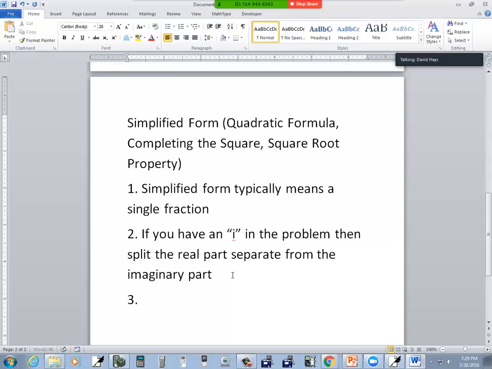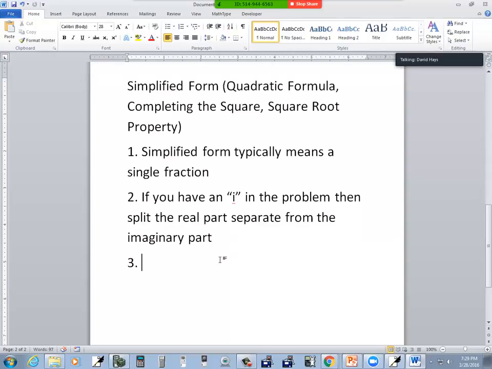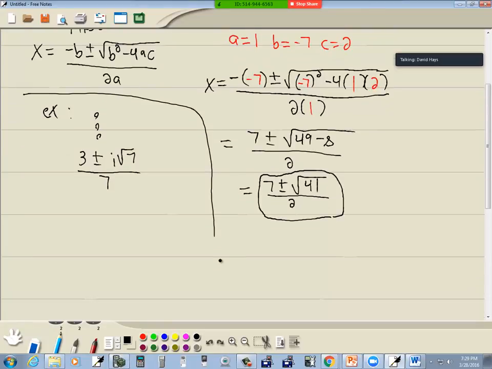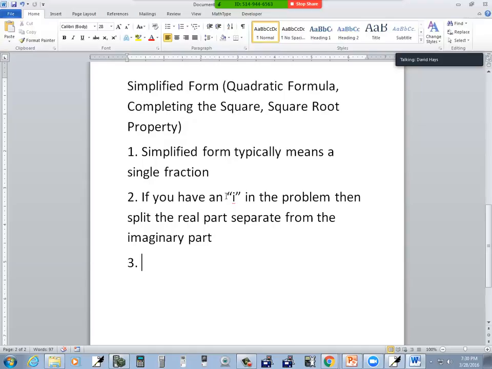That's standard form. Standard form says you have to have your real part separate from the imaginary part. Which means over here, even though we said simplified form typically means a single fraction, in this case we're going to split this up. We'll put the 3 over 7 plus or minus square root of 7 over 7 with an i to the side. And that would be our answer. And that's if you have an i appear in the problem.